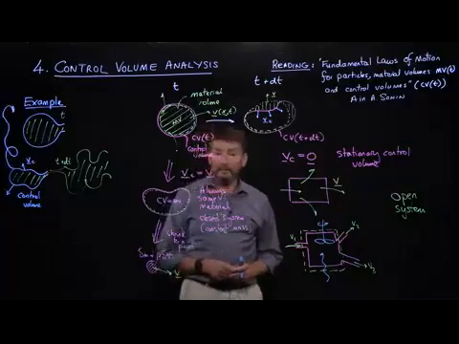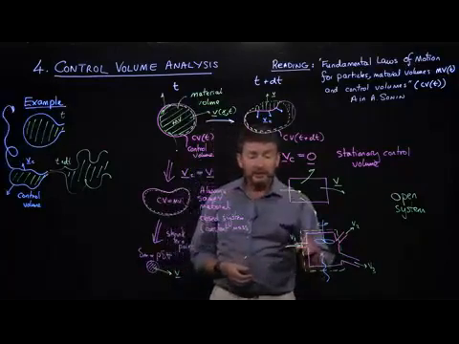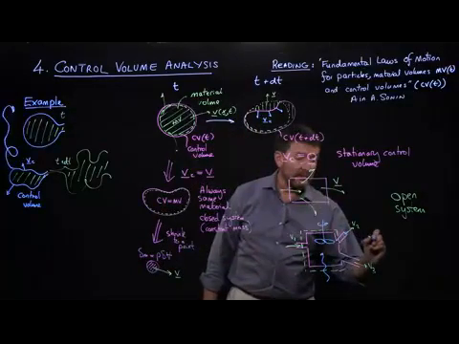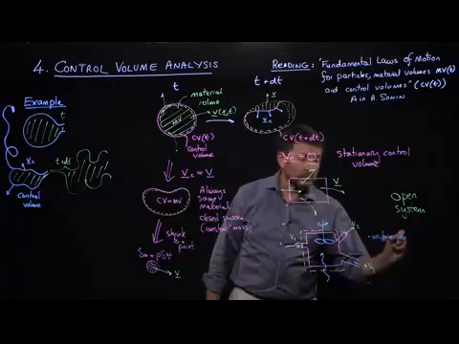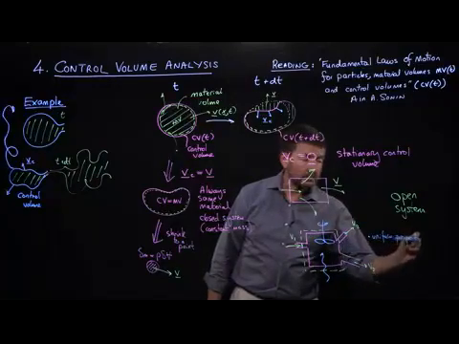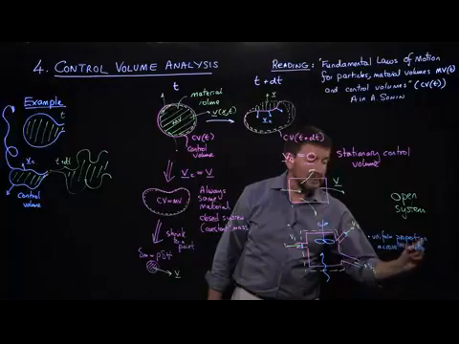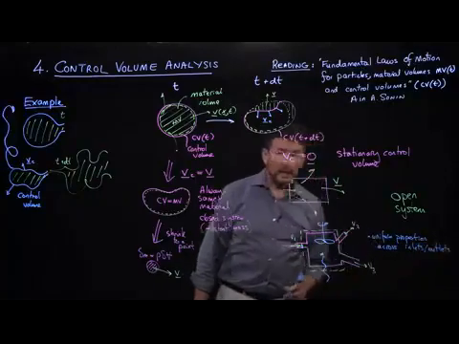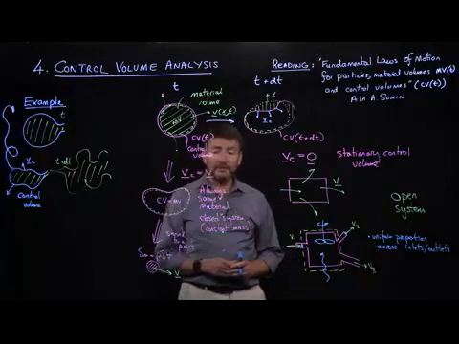But all of these are problems that you've probably seen in the past, and to make life easy, you typically assume things like uniform properties across inlets and outlets. And so in heat transfer and thermodynamics, you've probably seen systems like that.